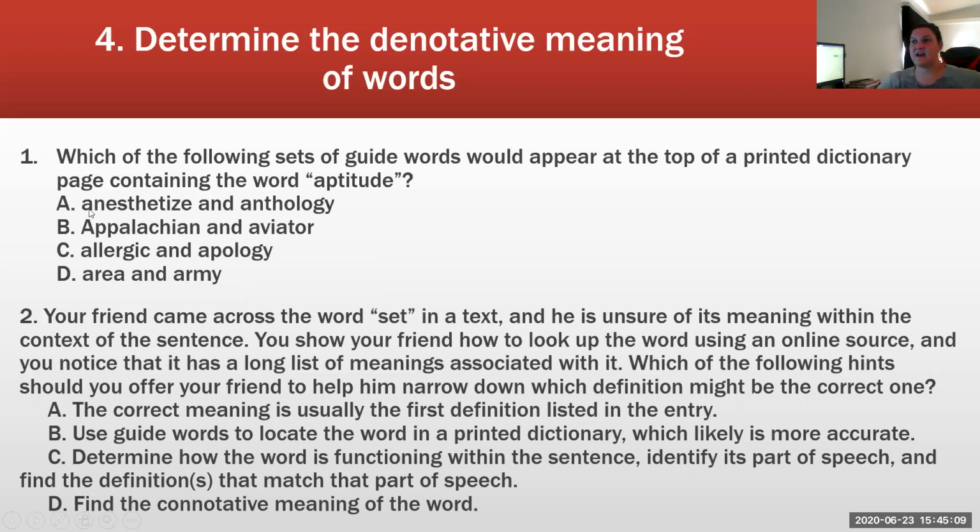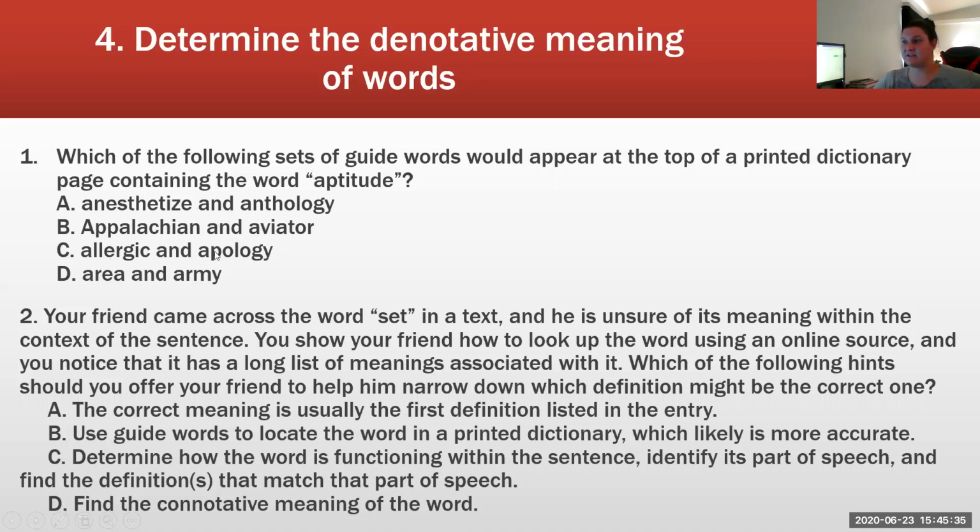So anesthetize and anthology, that's incorrect. Aptitude's not going to be on that page. Appellation and aviator, that is actually the correct answer because APP will come before APT and AVI will come after APT. Does that make sense? That's how aptitude would be on this page.